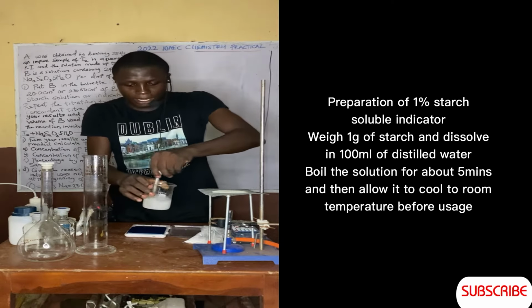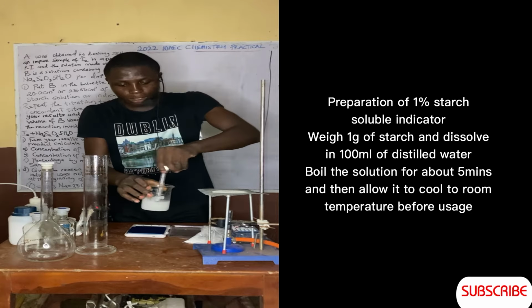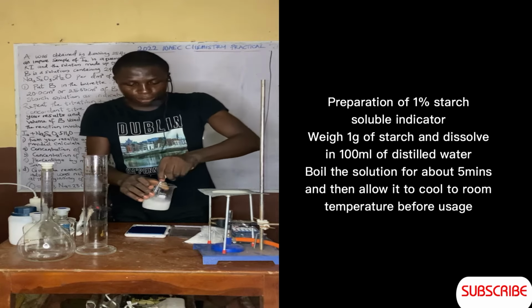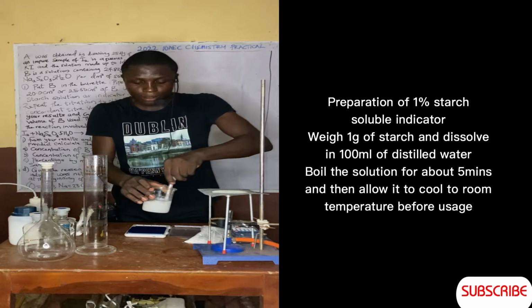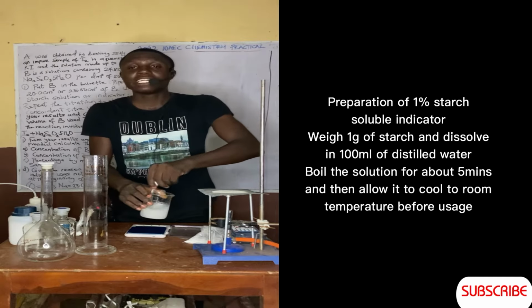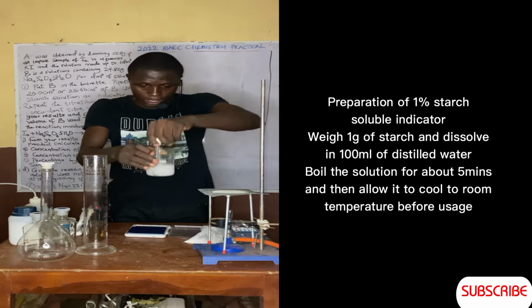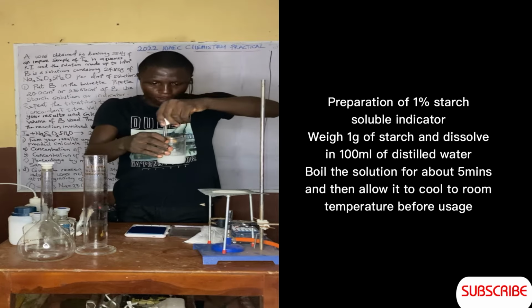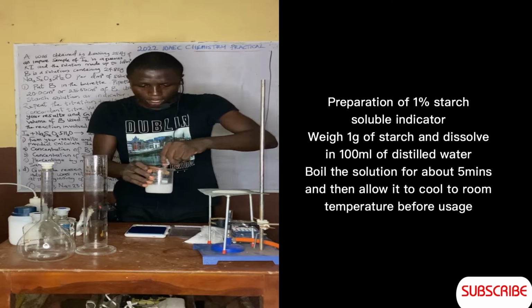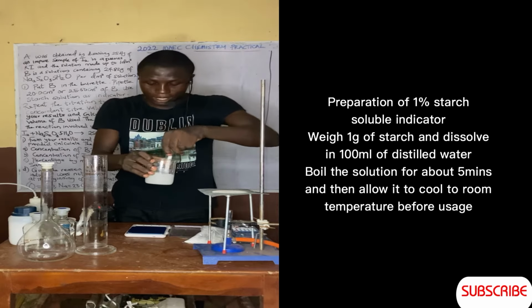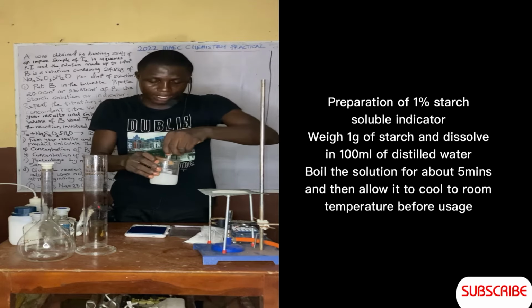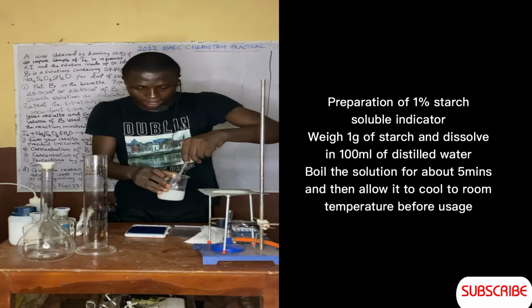The reason I'm preparing the soluble starch first is because we need it to cool to room temperature. So while we wait for it to cool, we'll be preparing other reagents for the experiment. We're going to heat this now for 5 minutes.